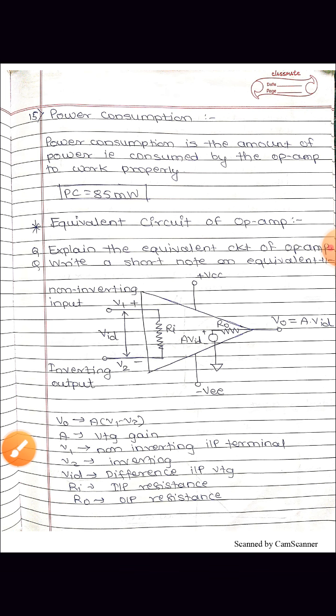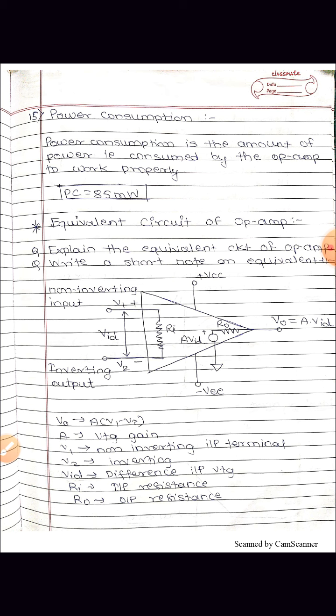See here, V0 is equal to capital A, V2 minus V1. Capital A is the voltage gain produced by the op-amp. V1 is the voltage applied at the non-inverting input terminal, and V2 is the voltage applied at the inverting input terminal.